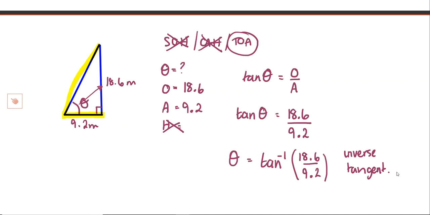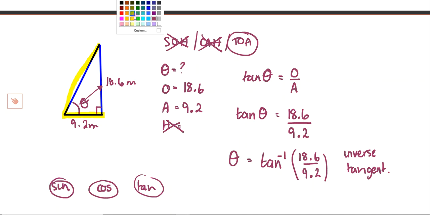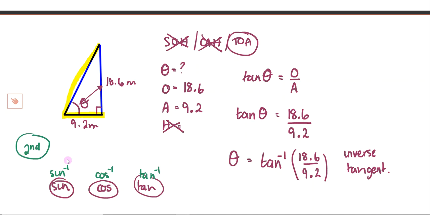So you will notice on your calculator you have a sine button, a cosine button, and a tangent button, normally next to each other. And then above those, normally, you have another option, your second functions. So you press your second to get the other one.